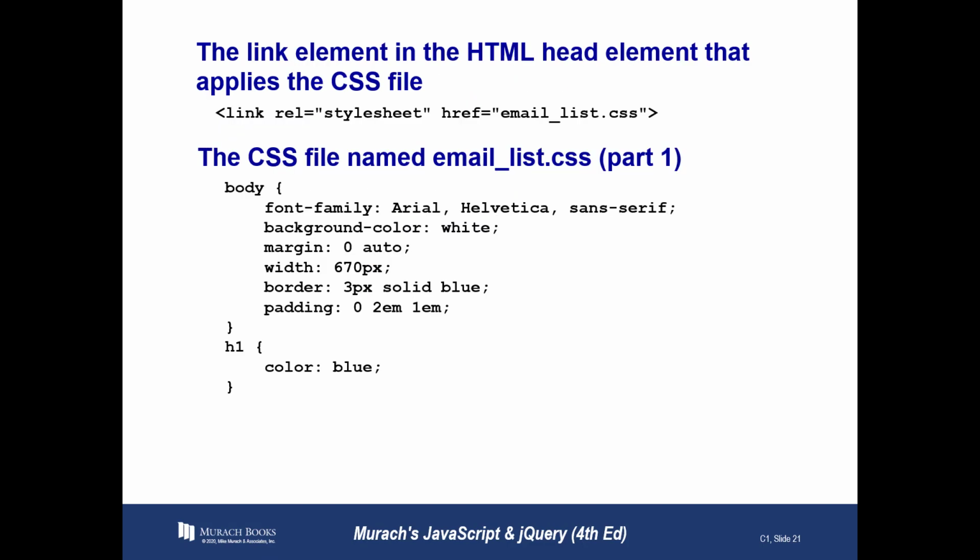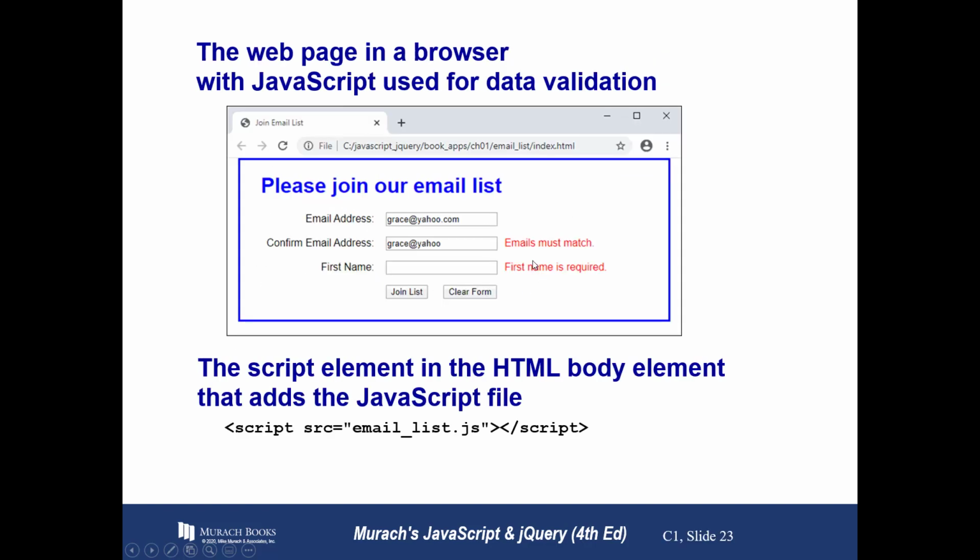All right, so they show you this is the CSS file, and that's what's going to be in the file. You'll notice we can have several different kinds of error messages. Now, if we left grace@yahoo.com empty here, it would have said email address is required.